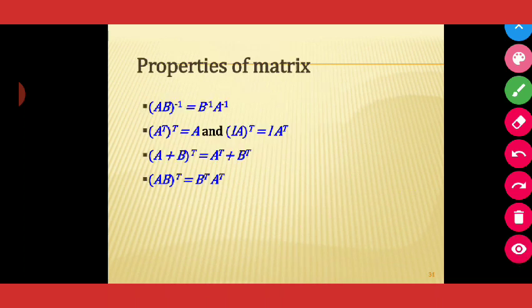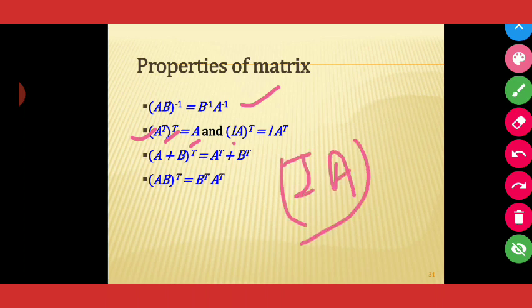Now some important properties. AB whole transpose equal to B transpose A transpose, and AB inverse equal to B inverse A inverse. A transpose transpose equal to A. Okay. And I transpose equal to identity matrix.